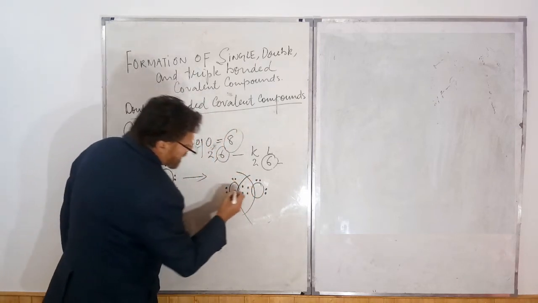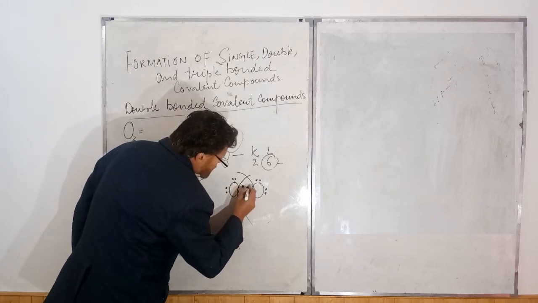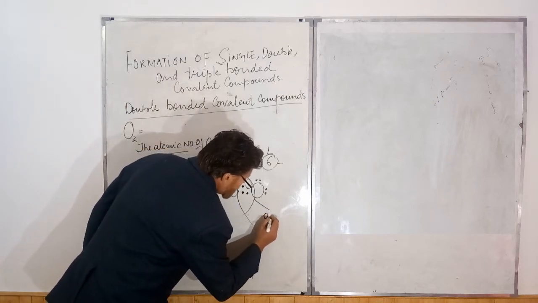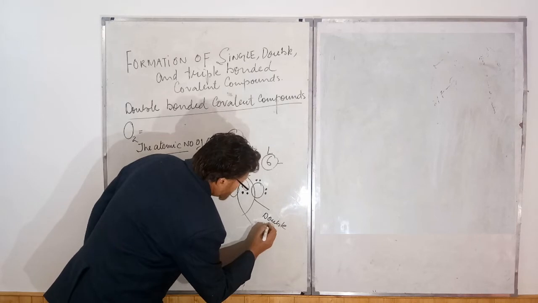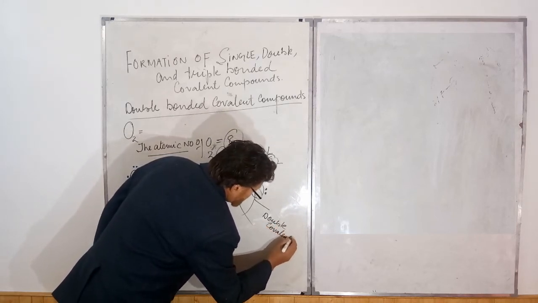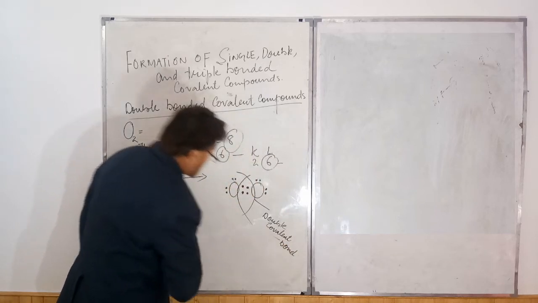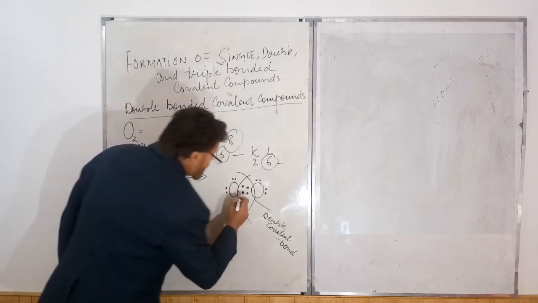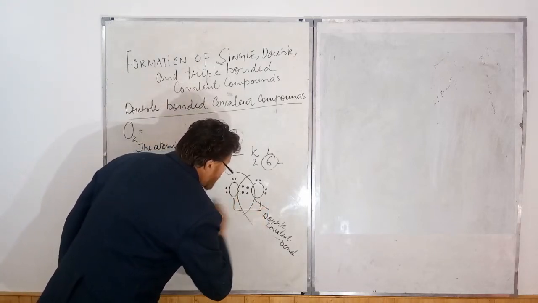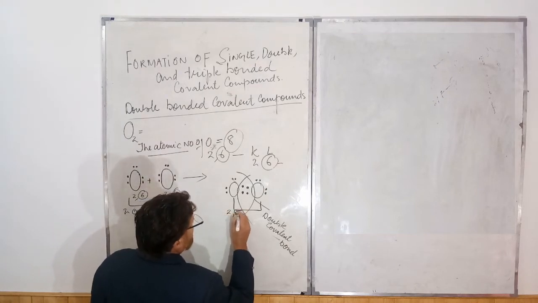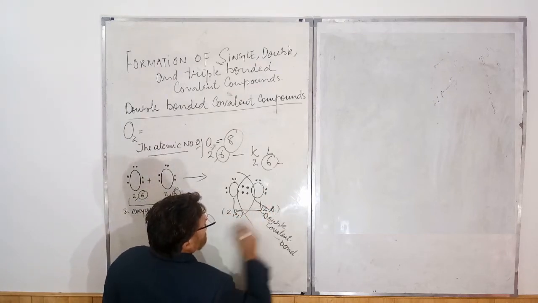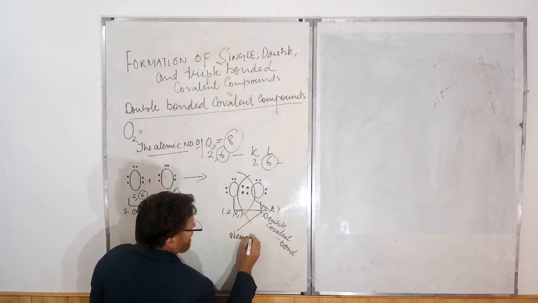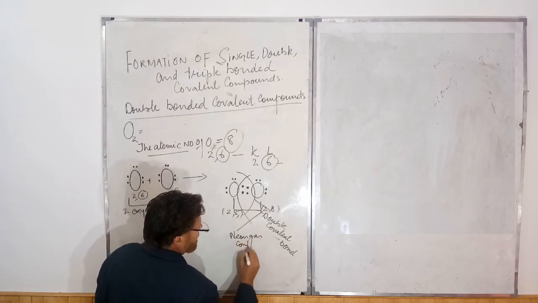These 4 electrons show the formation of the double covalent bond. Here it was 2 and 6, unstable. Now it is stable. It becomes 2, 8, which is very near to and resembles the neon gas configuration.